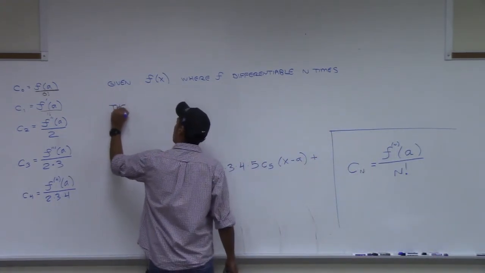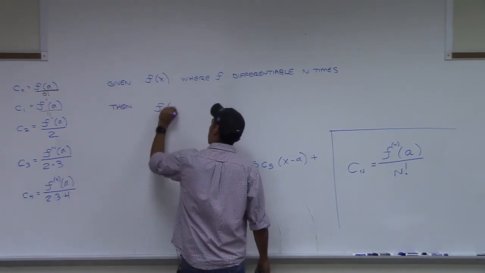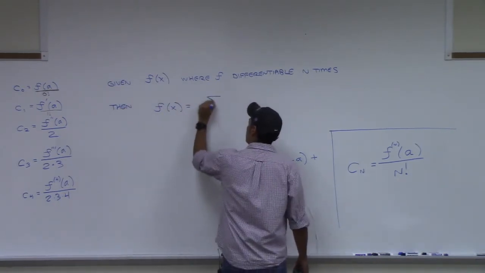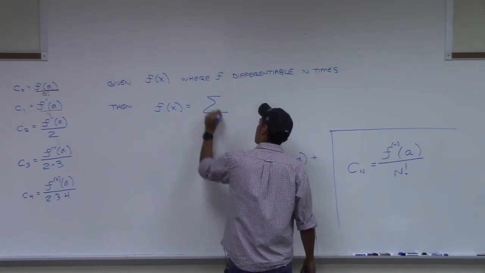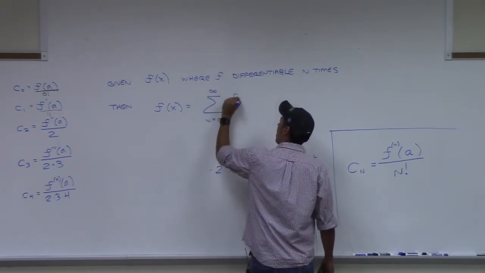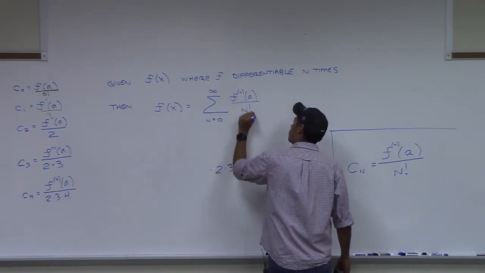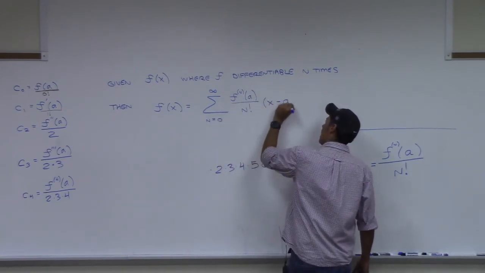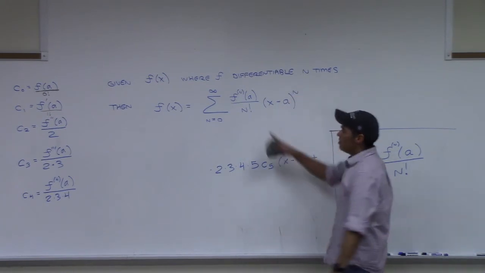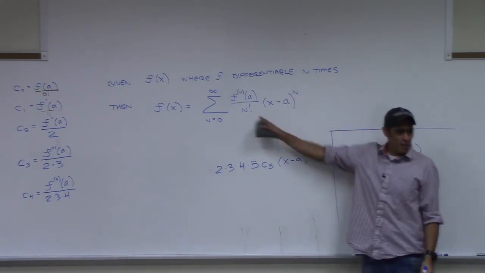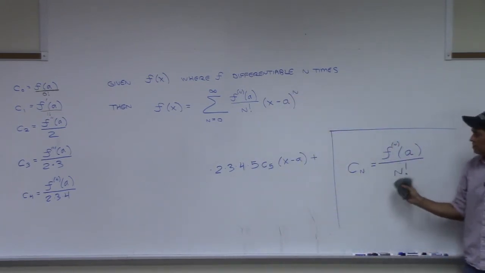Then f of x can be written as the sum n equals 0 to infinity of f nth derivative at a over n factorial times x minus a to the n. Do you see all I've done is replaced c sub n with the formula we came up with?